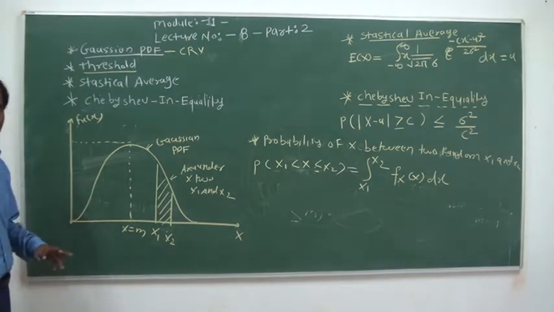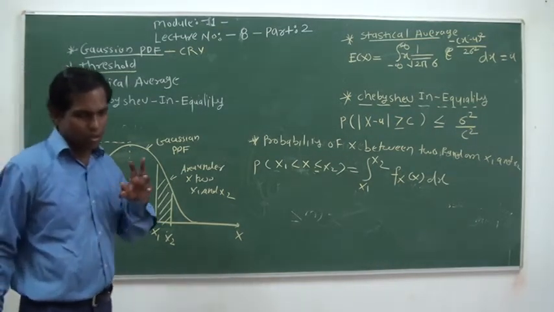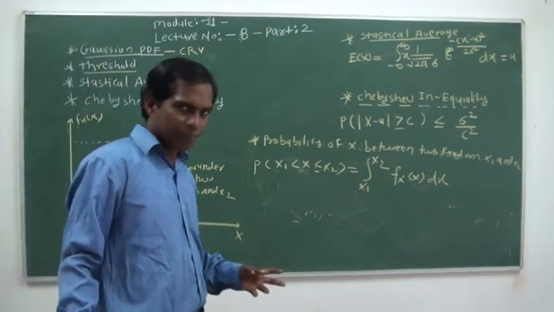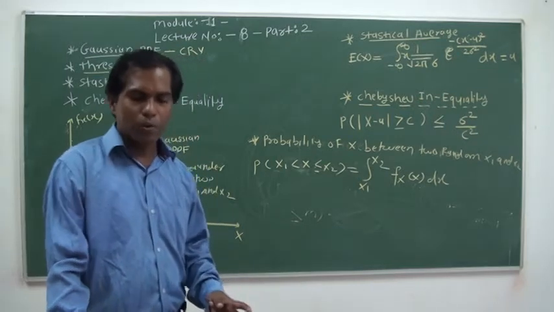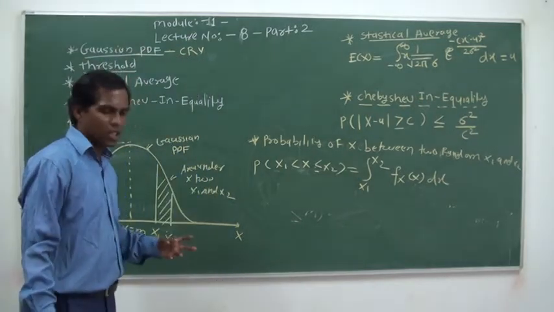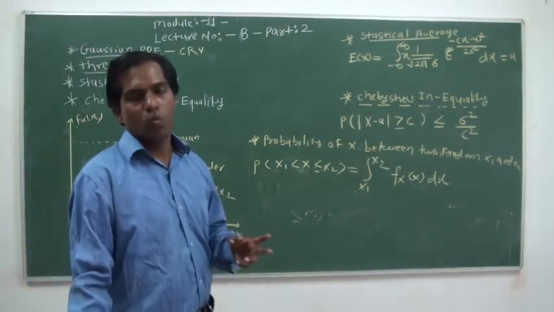First property, at the peak value the curve shape is a bell when the peak value is equal to the mean. Second property, the area under the curve is 1.